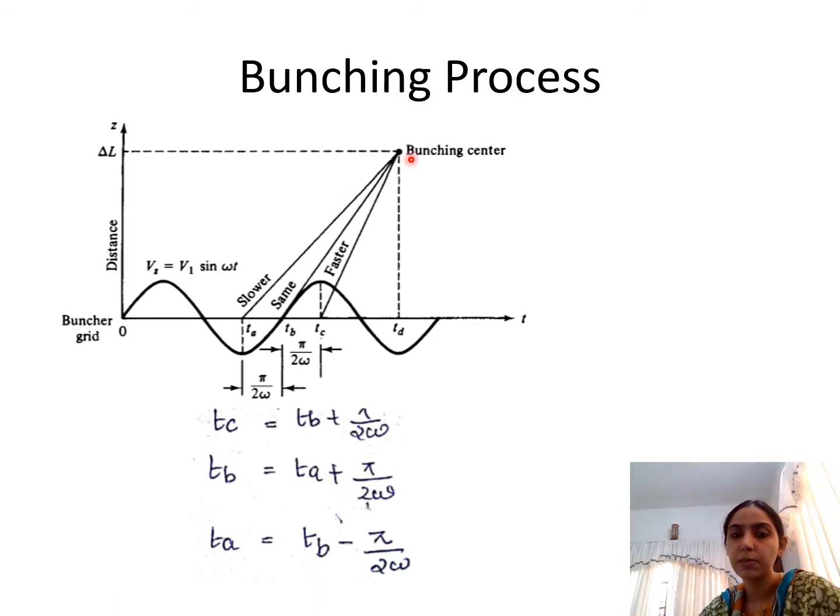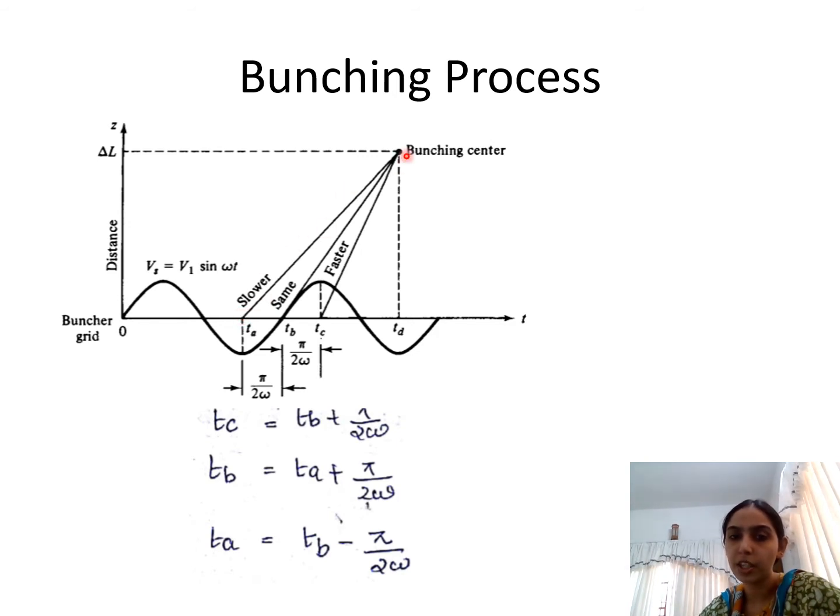Those electrons which pass the buncher cavity during the positive half cycle will be accelerated and travel faster. Here the time is shown as Tc. And those electrons which pass the buncher gap during the negative half cycle of the gap voltage will be retarded, that is, they will travel slower.